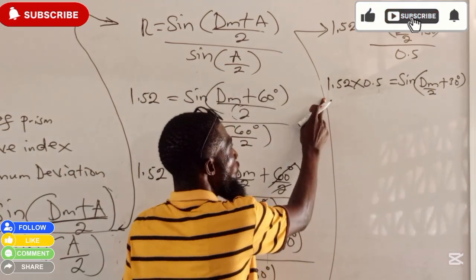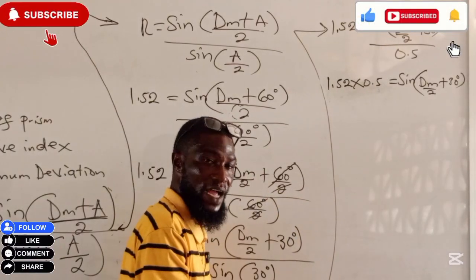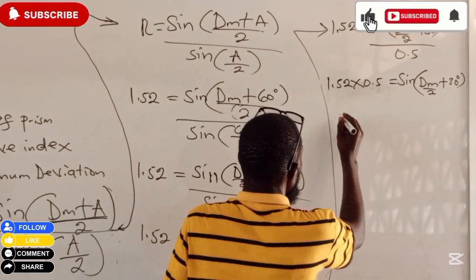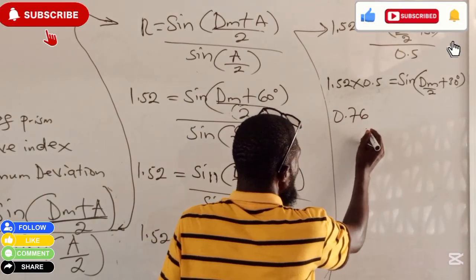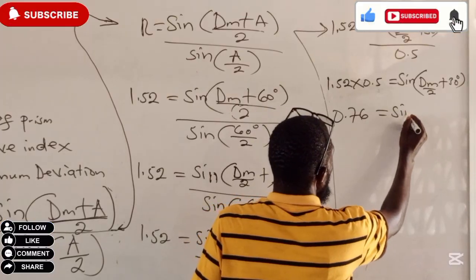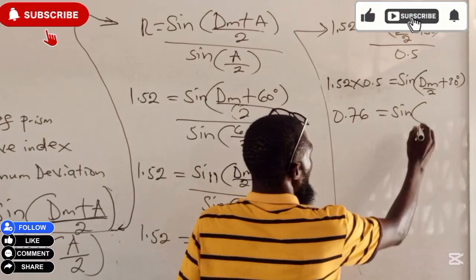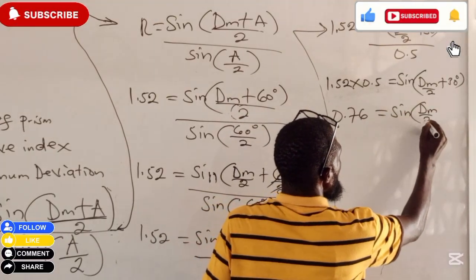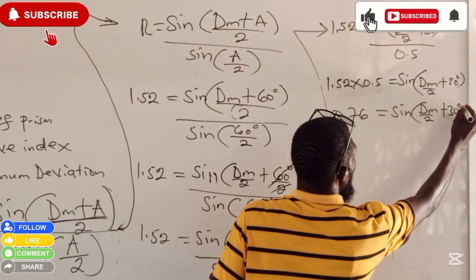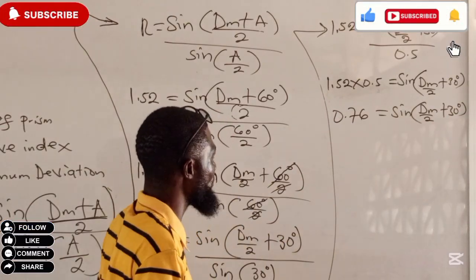If I multiply 1.52 times 0.5, automatically I will have 0.76 equal to sin, parenthesis open, the minimum deviation over 2 plus 30 degrees, parenthesis closes.